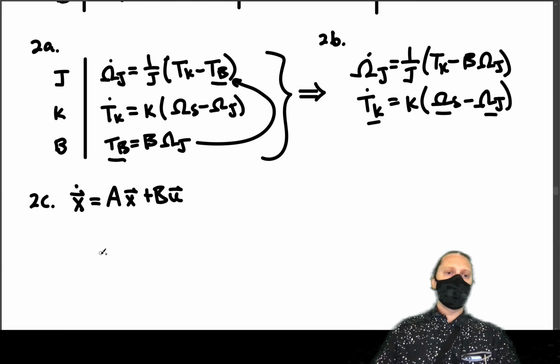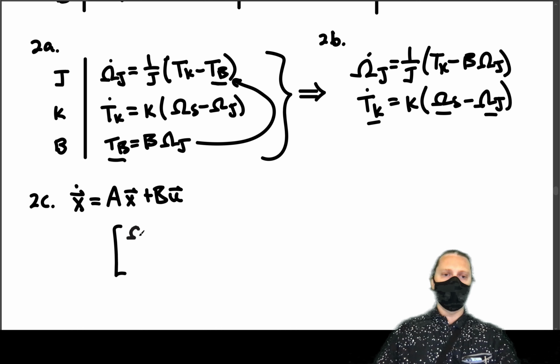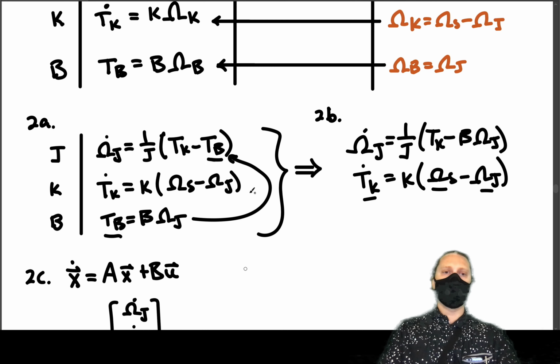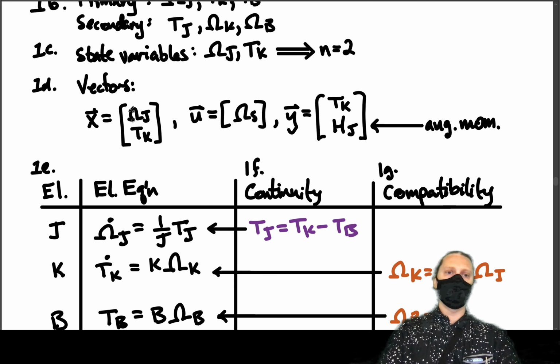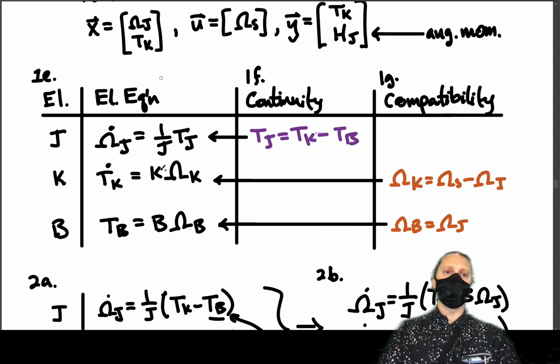Let's go ahead and write that out then. That's going to be x dot is omega J dot, T_K dot, referring back to the order that we chose x to be in, which is up here. So omega J dot, T_K dot is what we just wrote.